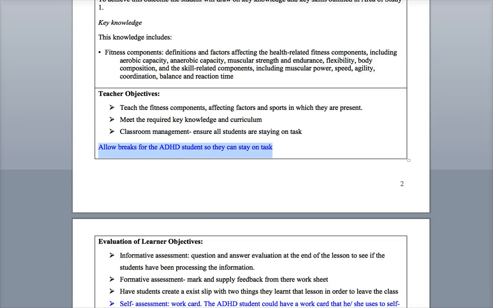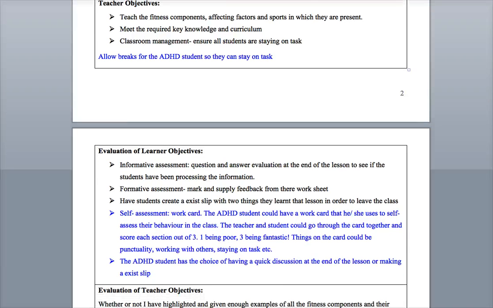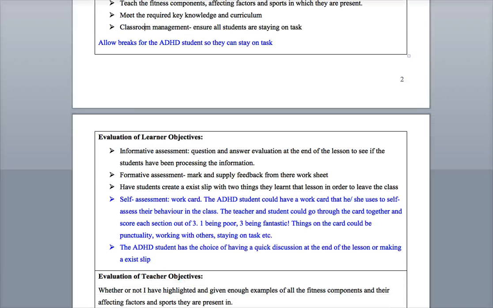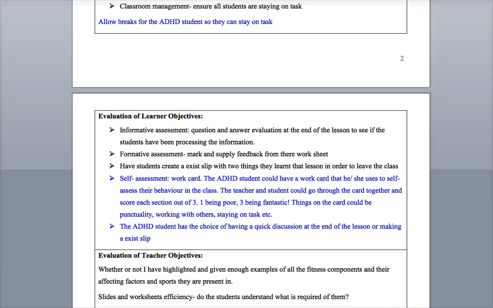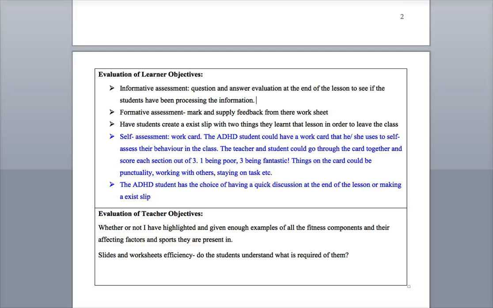So I'd allow breaks for the ADHD student so they can stay on task, like drink breaks and toilet breaks, just so they can keep focused. And I need to make sure they don't move on to the next task until they've finished the one they're on.